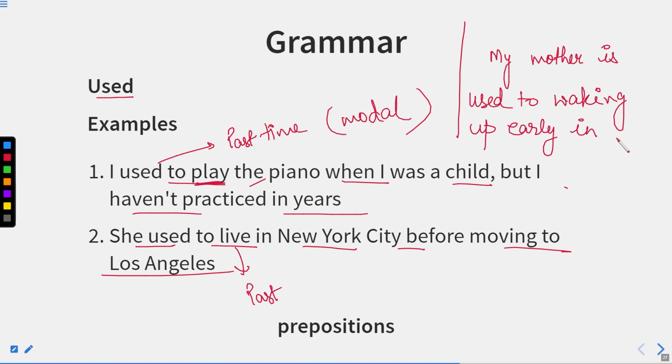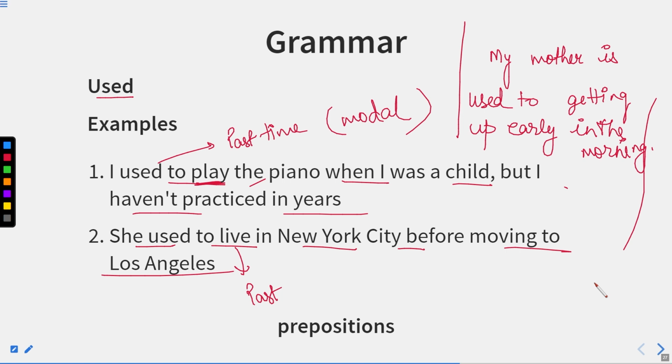It shows that my mother has a good habit, that she gets up early in the morning, or you can say used to getting up early in the morning. So this shows the quality and the habit of my mother, that she's used to getting up early.